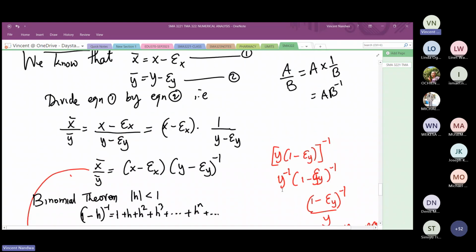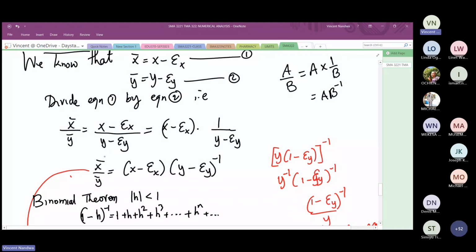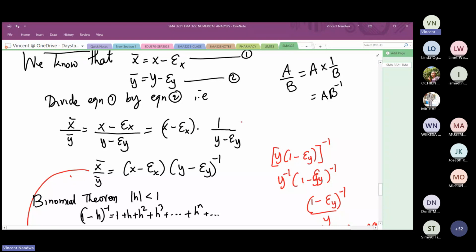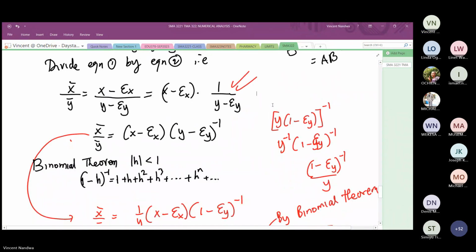So from here, x minus error in x over y minus error in y. So we said x minus error in x, and then times 1 over y minus error in y. So this step is fine. Then x minus error in x times y minus error in y raised power minus 1, so that's fine.